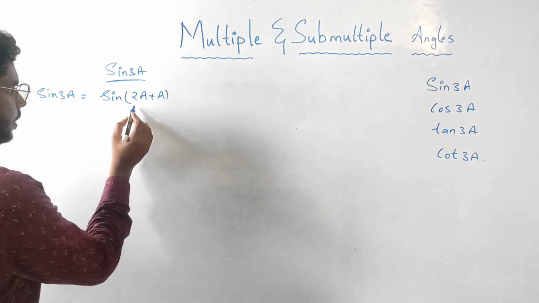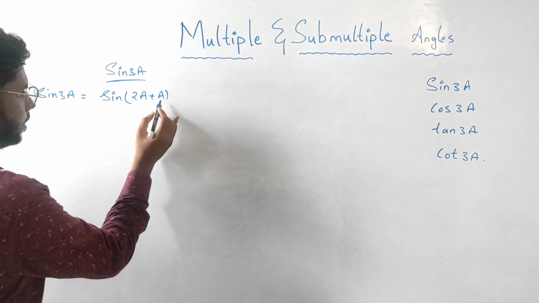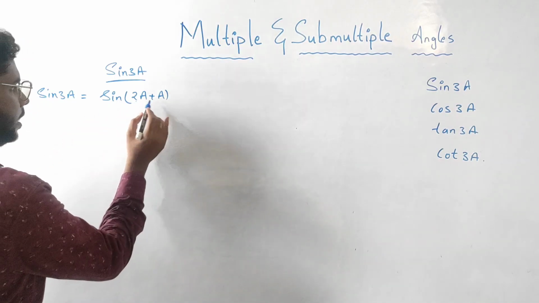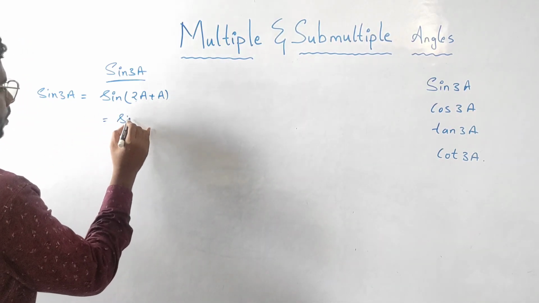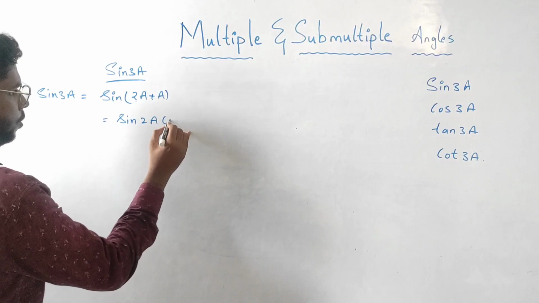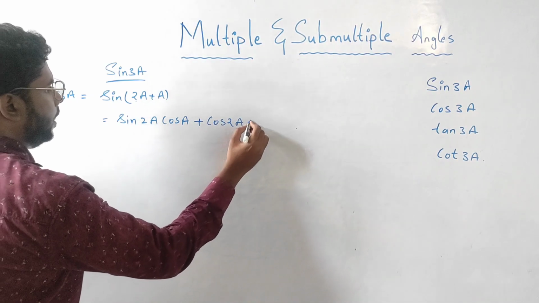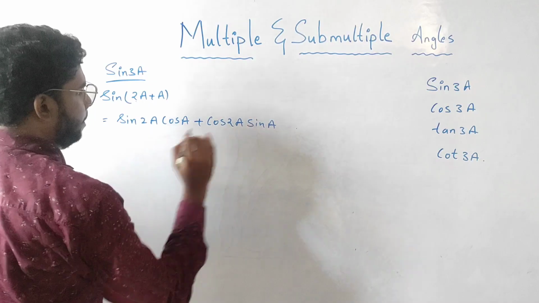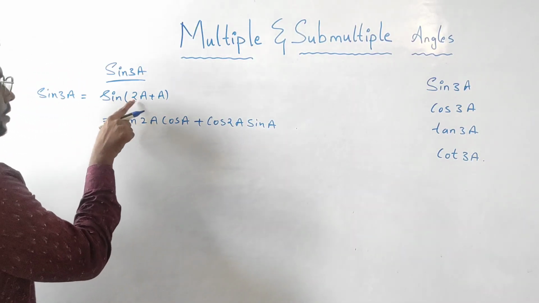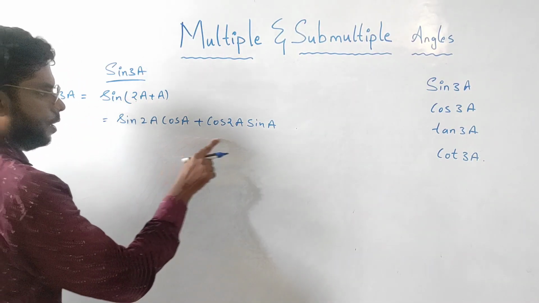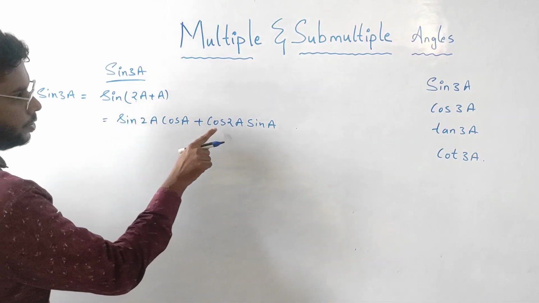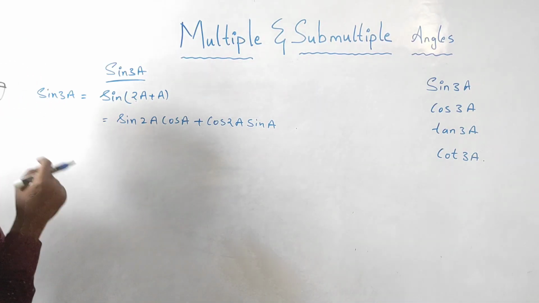Now if you see, it is in the form sin of A plus B. What is the formula of sin A plus B? We know it is sin A cos B plus cos A sin B. So I have applied the sin A plus B formula. Now look here.